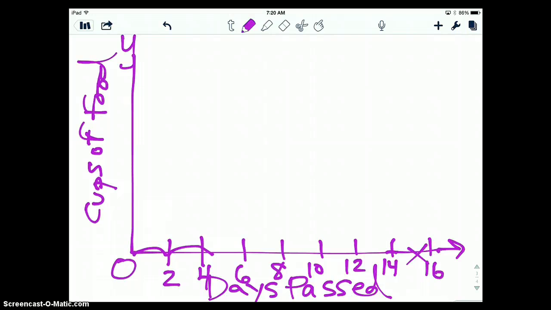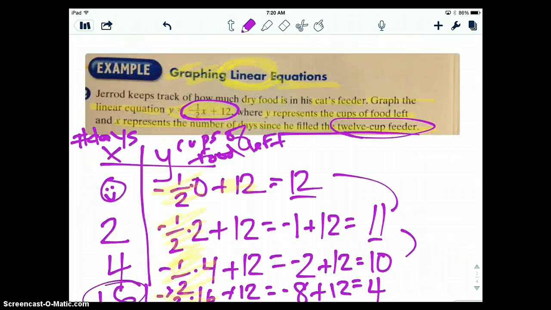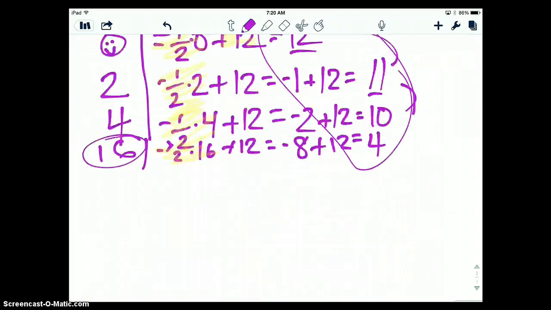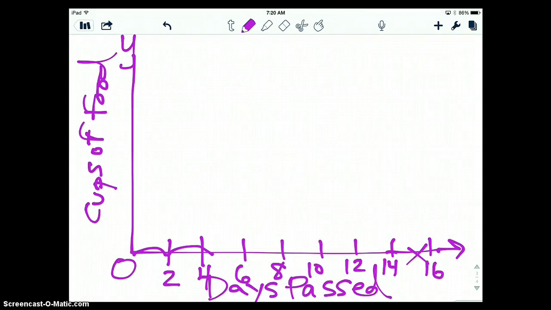And it does keep going, but I will stop there. And now I need to make increments for the y. And it looks like the y, I need to at least get up to 12. So I'm going to do the same thing and go by 2s and make them equal sizes. Now it would be much better if I was working on graph paper, okay? Because this isn't completely accurate.